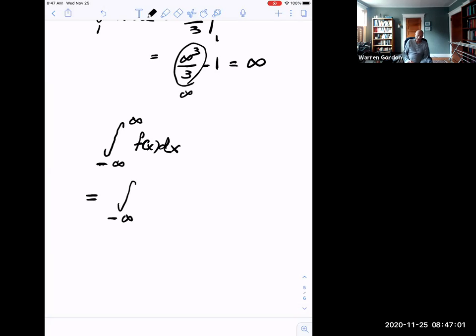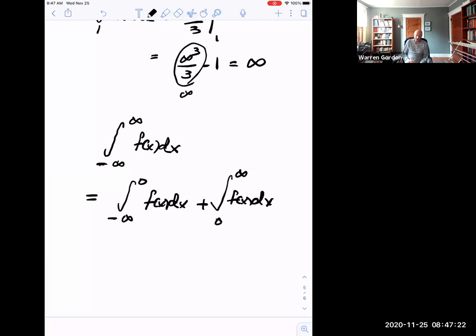From minus infinity to 0, plus the integral, say, from 0 to infinity. I arbitrarily chose 0. You could choose any point in between minus infinity and infinity. Usually 0 is the best choice. It makes life most simple.